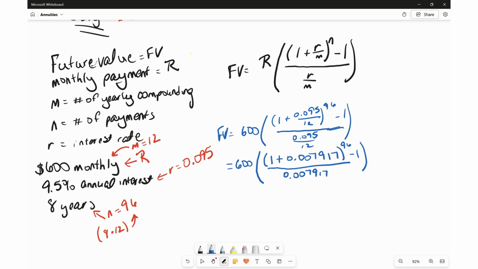So now we can add 1. So this is going to give us 600 times 1.007917 raised to the 96th power, and then minus 1.